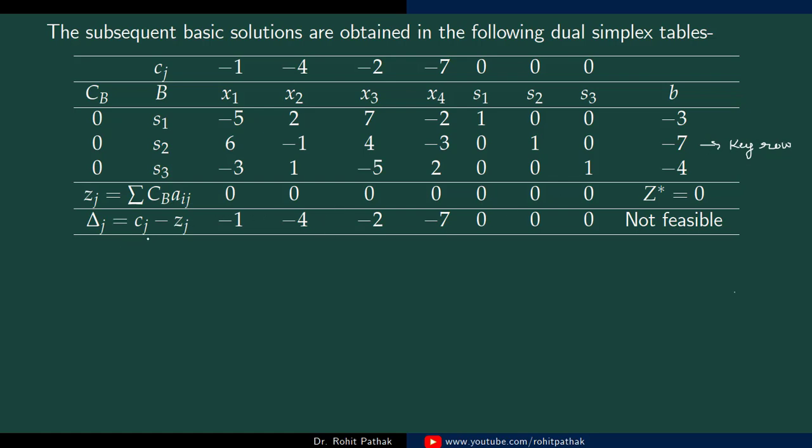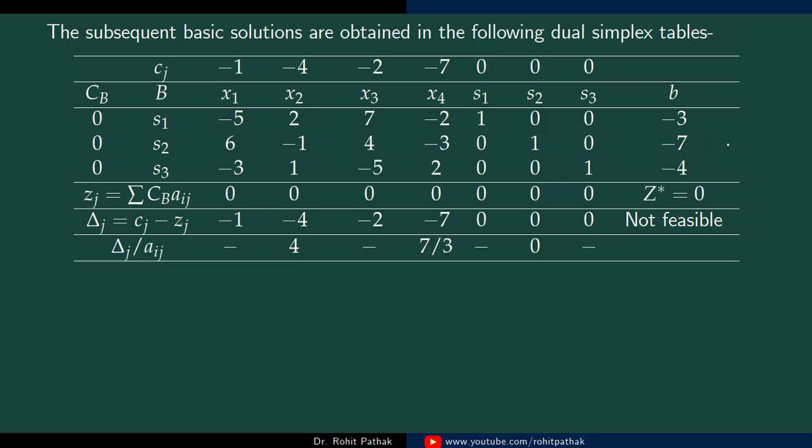Now to decide the incoming variable, we calculate this ratio. To calculate this ratio, we use only these negative values in the key row. So the negative values -1 and this -4. So -4 divided by -1 is 4, and -7 divided by -3 is 7 by 3, and we leave all other values because they are either 0 or positive.